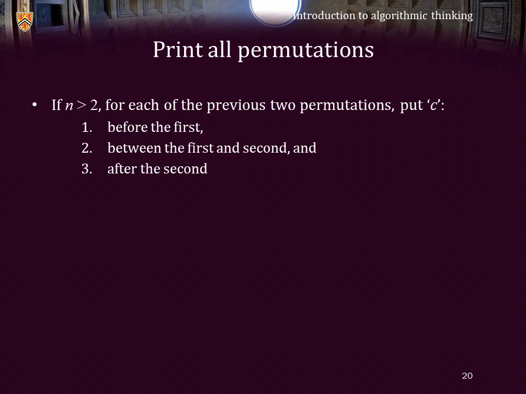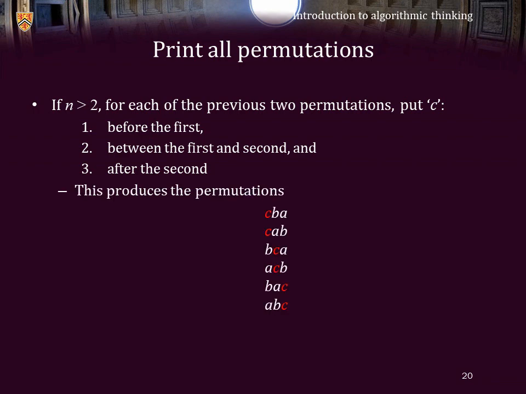Now, if the number of objects is greater than 2, then we will carry on. For each of the previous 2 permutations, we will put the letter C first before the first character, then between the 2, and then after the second character. This produces 6 permutations of 3 letters.